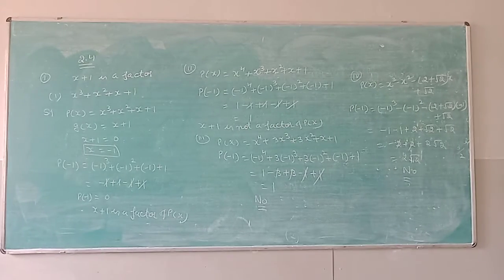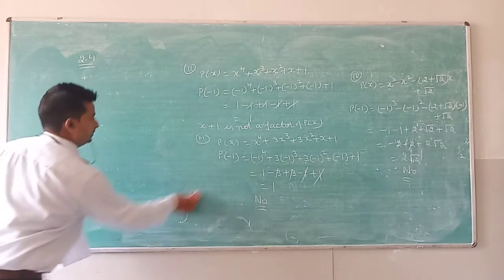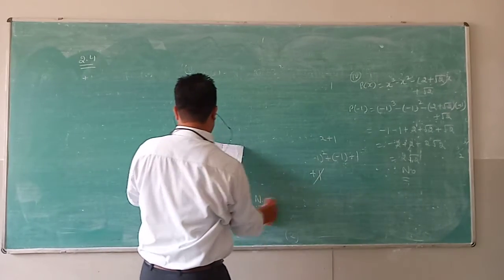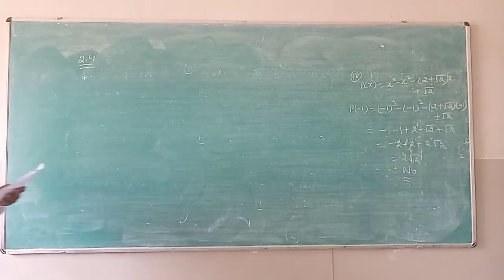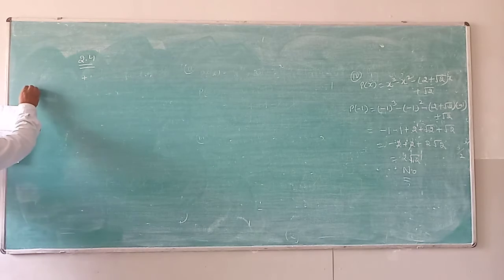In question number 2, the statement is to use the factor theorem to check whether g(x) is a factor of p(x) or not.